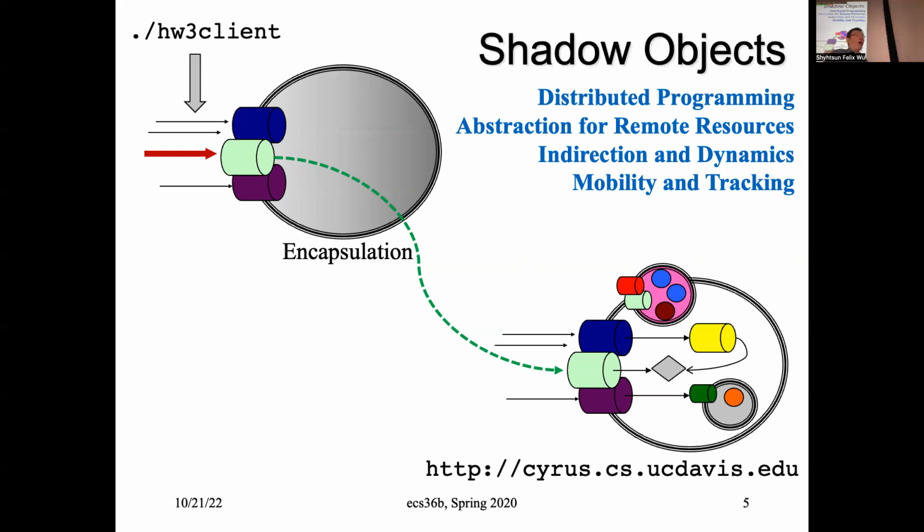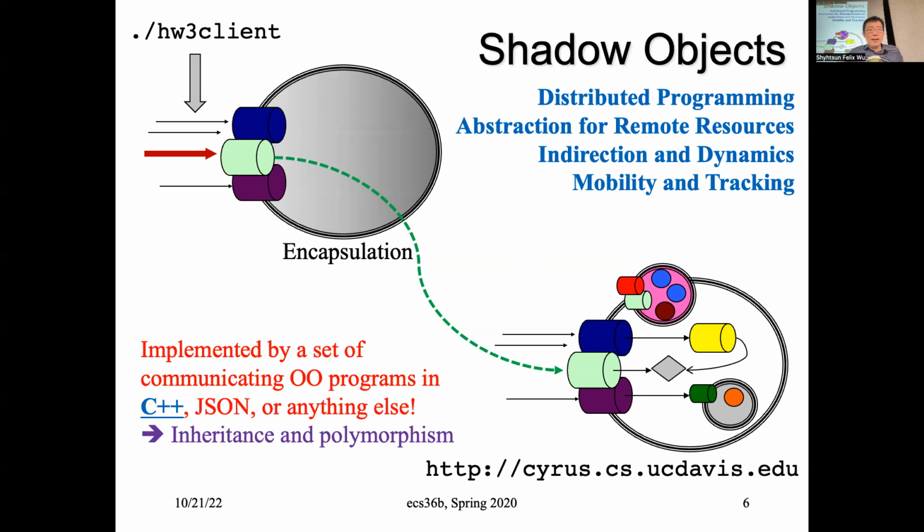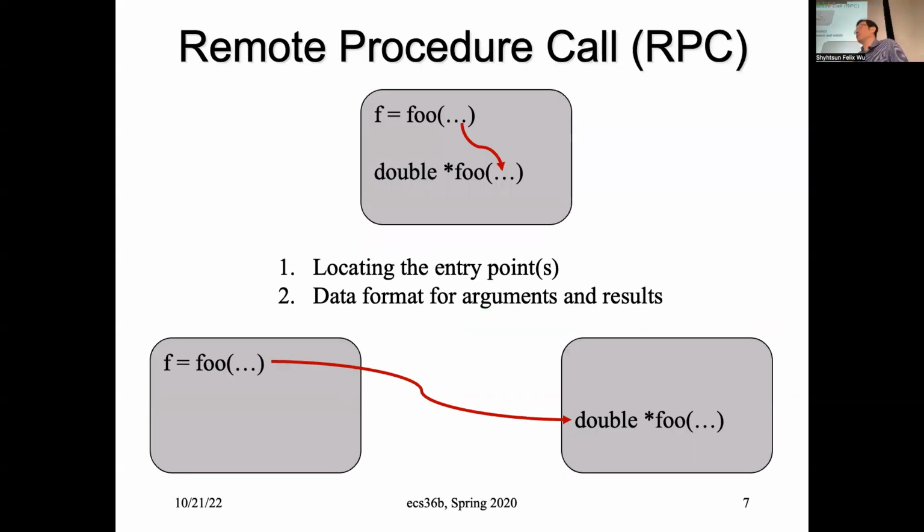You can use this concept to handle all of that. To implement this, we try to implement how objects in C++ communicate, and we're going to use JSON and C++ to do that. But the important thing is that I'm going to teach you a particular tool called remote procedure call.